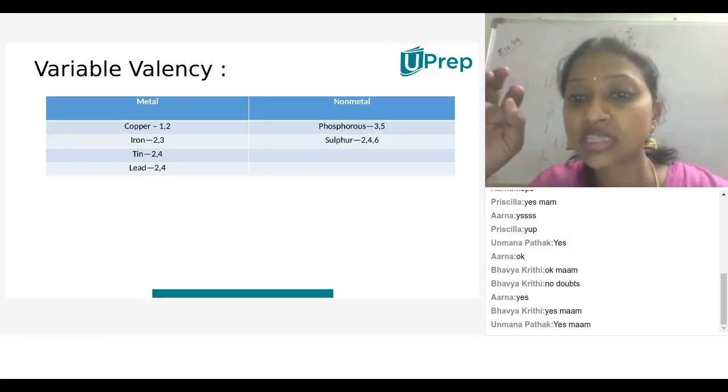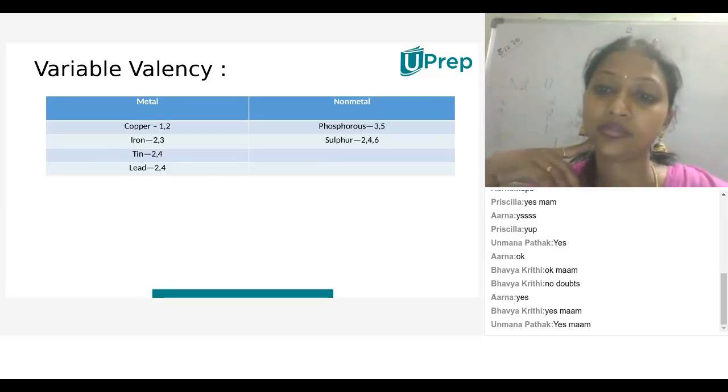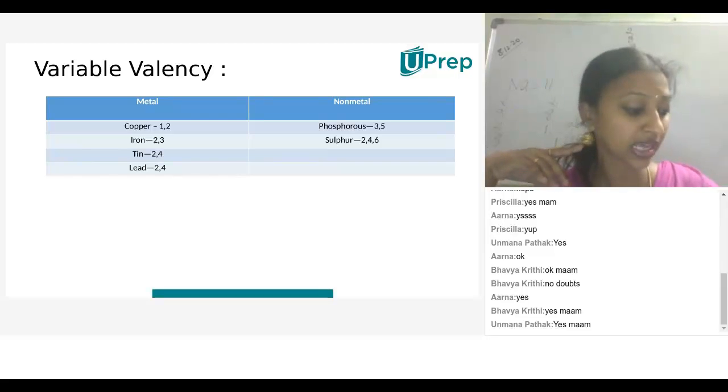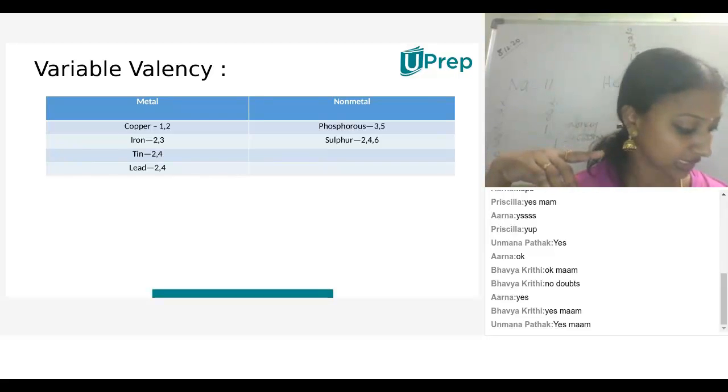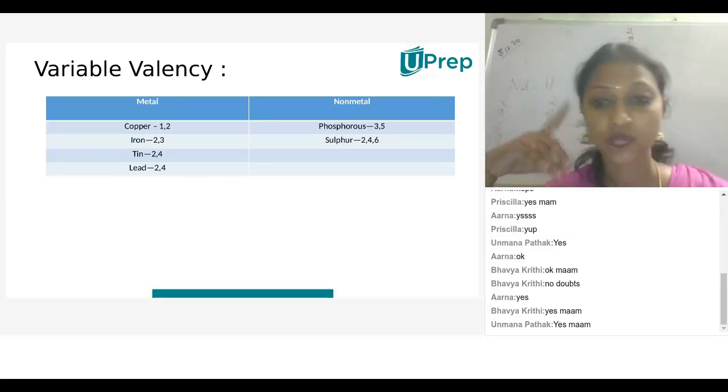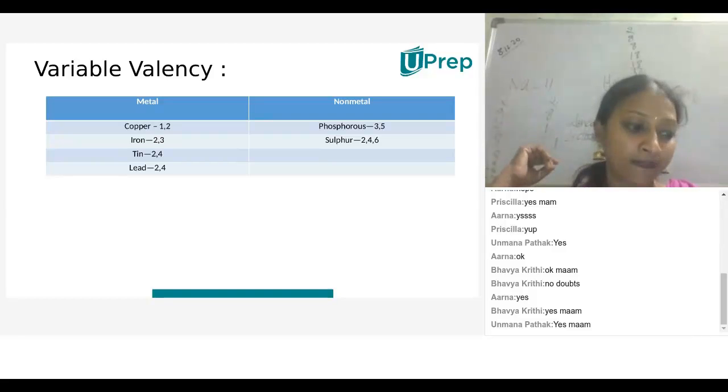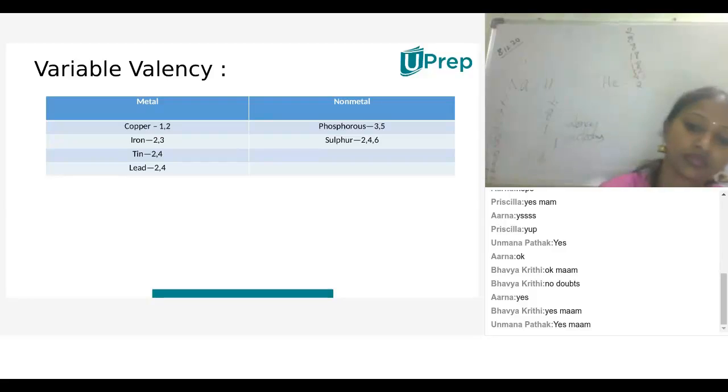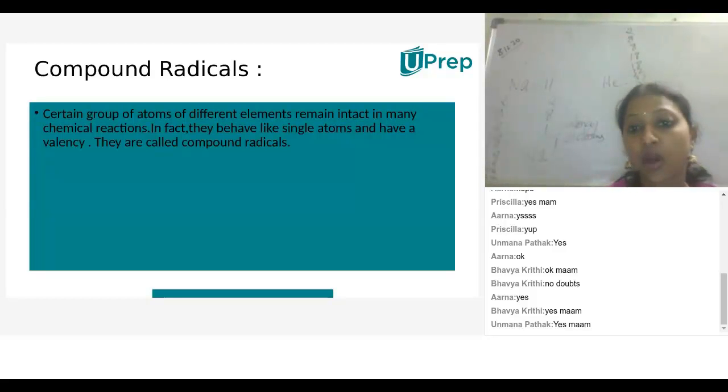Based on the different valencies they combine. So these are nothing but variable valencies. Any doubts? No doubts. Next, compound radicals.